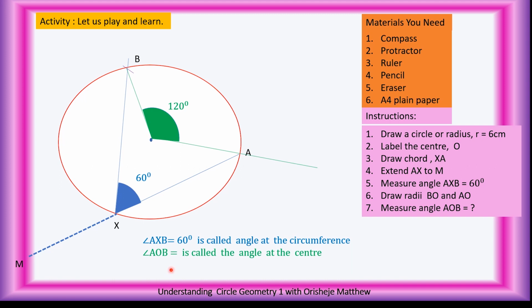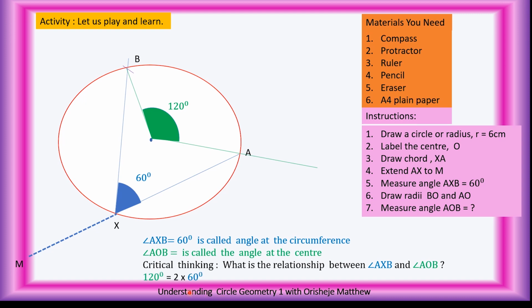So if you look at this, you see that 2 times 60 degrees gives you 120 degrees, and then half of 120 degrees is 60 degrees. So no matter the radius of the circle, this property of the circle is always constant and is always true. So that will become our theorem 1.